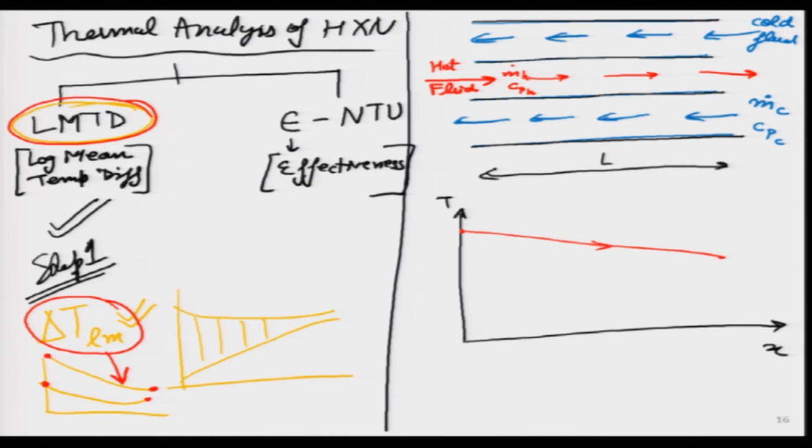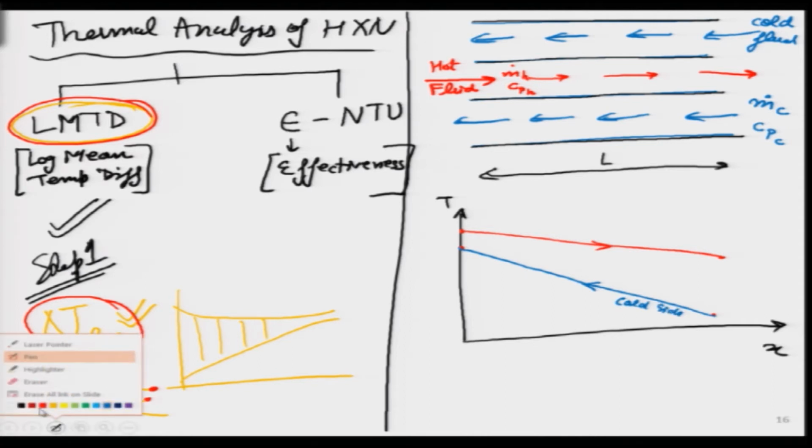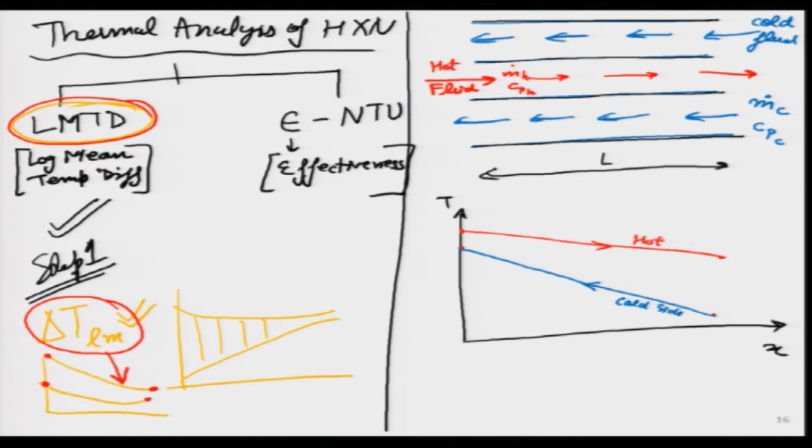I do not know the slope or the way it will go, but I am just picking some numbers here, and this will go from 20 to 80 degrees. So, this goes from here to here. This is the cold side of the heat exchanger and this is the hot side of the heat exchanger.